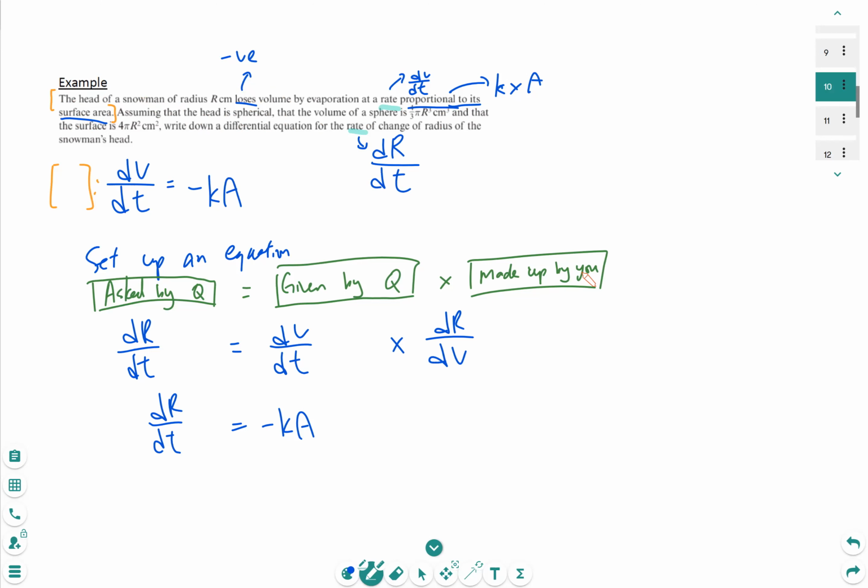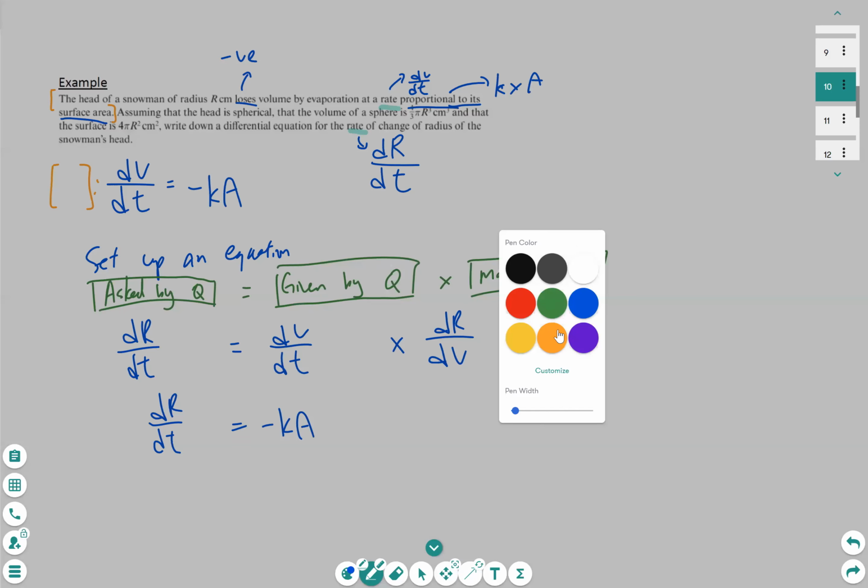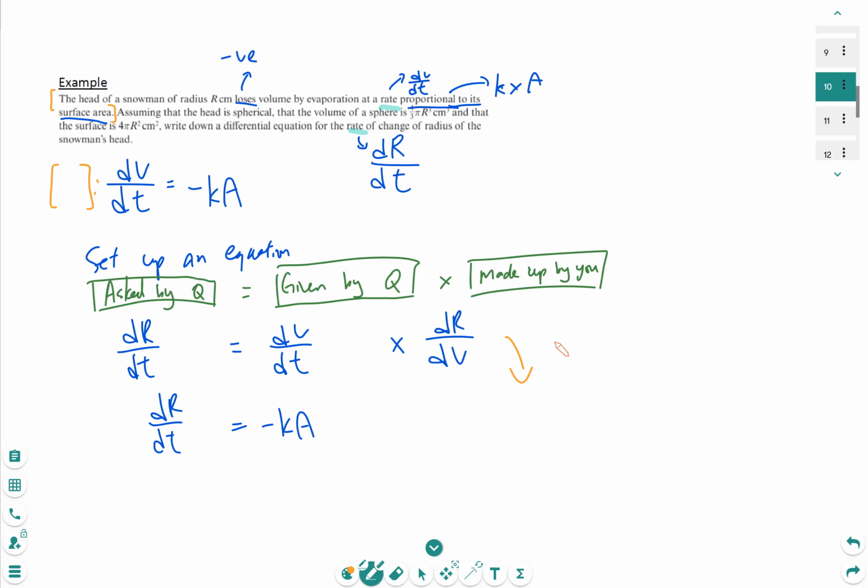Then we apply what we learned last lesson, same equation: asked by question. We want to work out dr by dt. We're given dv by dt, sort of, even though we made it up ourselves from the paragraph, times a fraction made up by you. Next, for dr by dv, we need to think of a formula or equation that links r and v together.